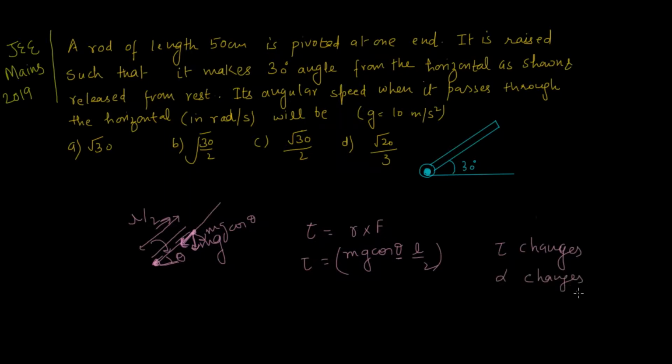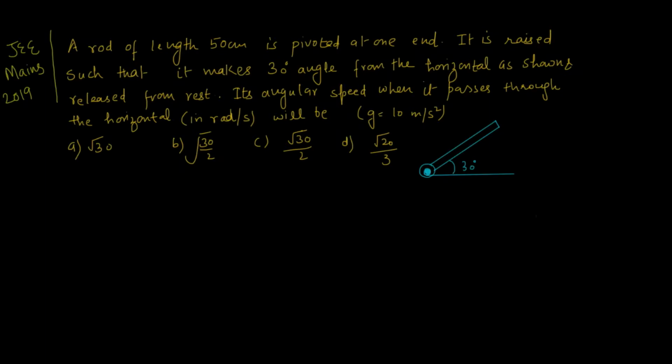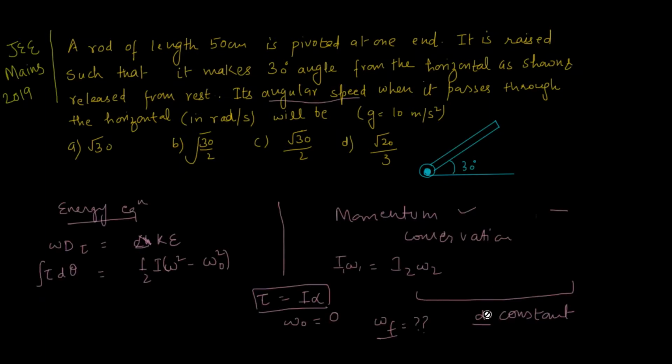This brings us to the conclusion that alpha is a changing quantity, and we cannot use our equations of motion or the momentum conservation. So we are only left with the energy equation.